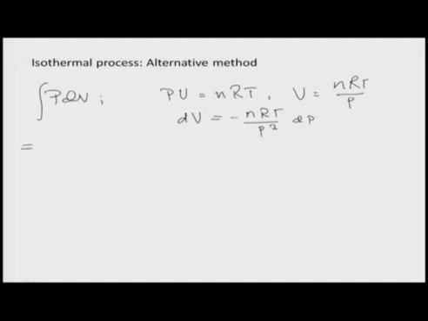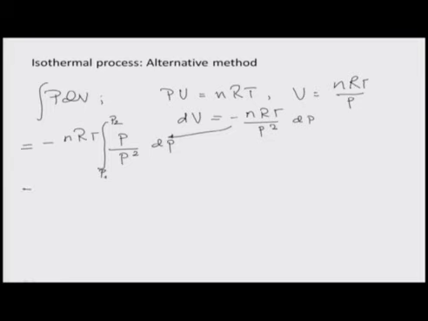I put it back in this equation. I want to calculate the work done, so I get nRT. Now, the integral is not over dV, I want to write it in terms of dP. So, I will have a P down by a factor of P square, which I get from here, and then dP. So, I have changed the integration from dV to dP and it goes from P1 to P2. There is a minus sign altogether.